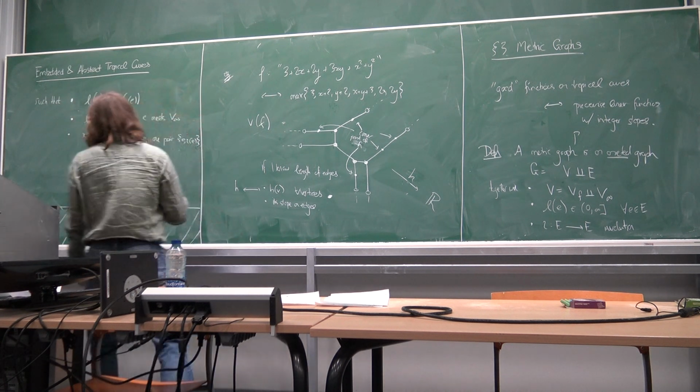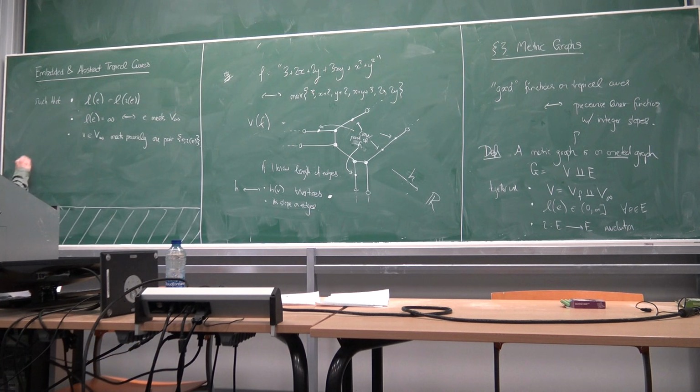The way we might think about what this looks like is if we took our original pair of pants, which we're drawing like this, but now suppose we've subdivided it by putting a vertex here, and this segment has some length L, say.